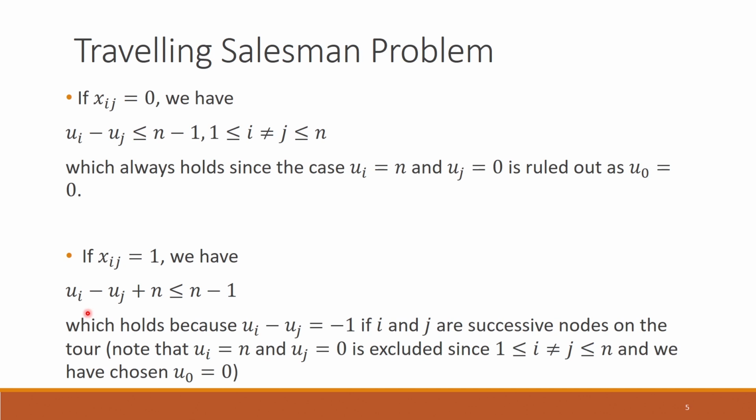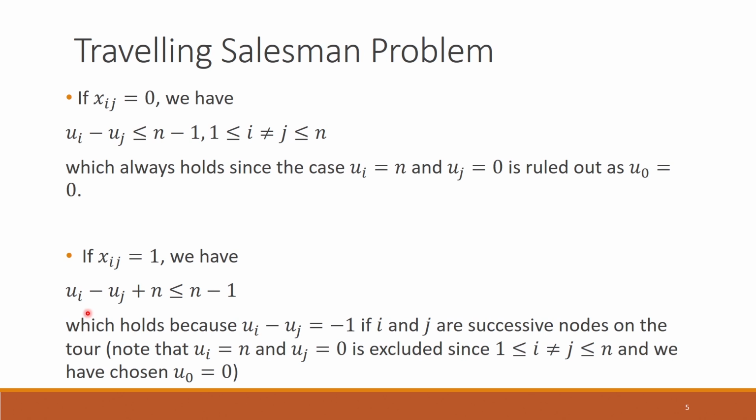For example, suppose node A is the 0th node, so for that the u value will be 0. Suppose after visiting node A, you go to node D, so for node D the u value will be 1. Suppose after node D you visit node B, so for node B the u value will be equal to 2. Okay.